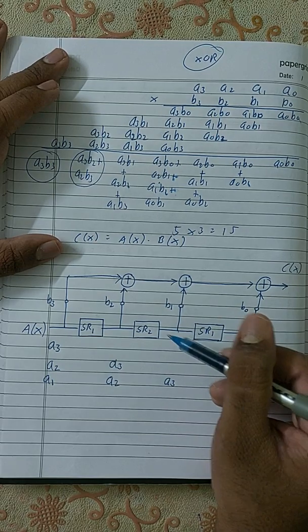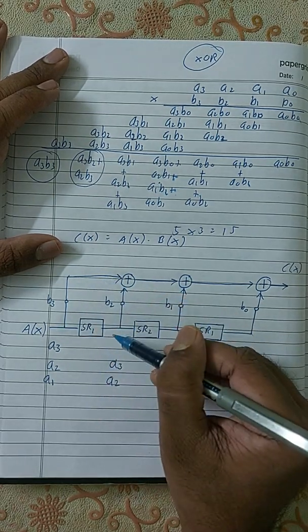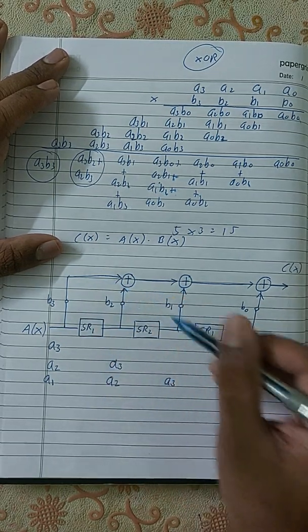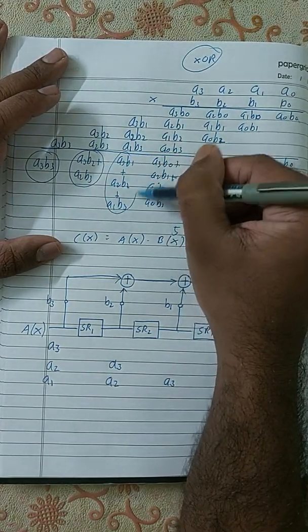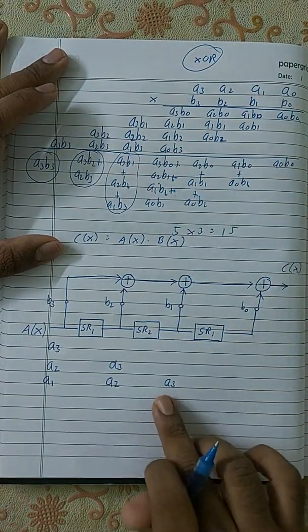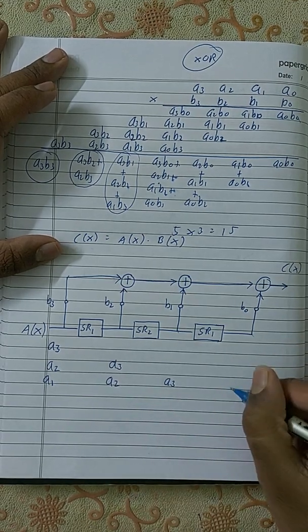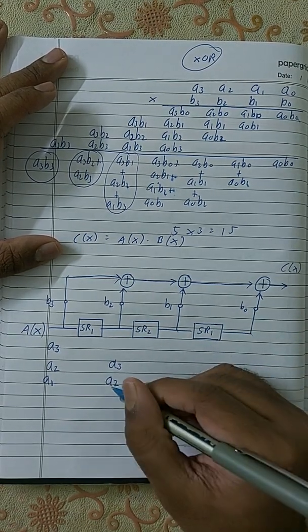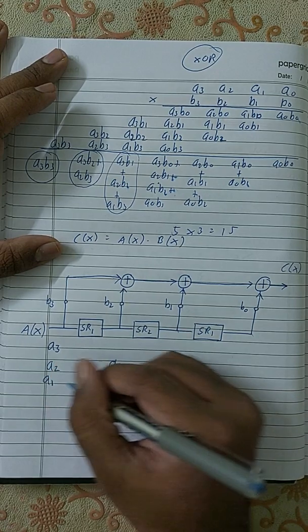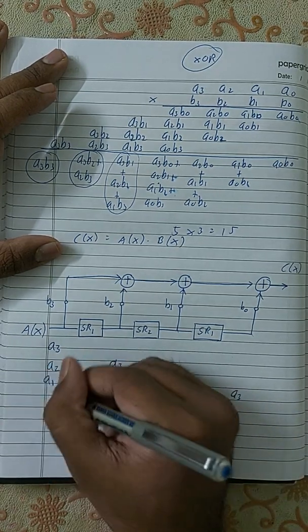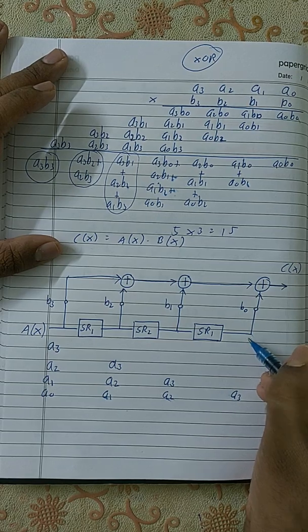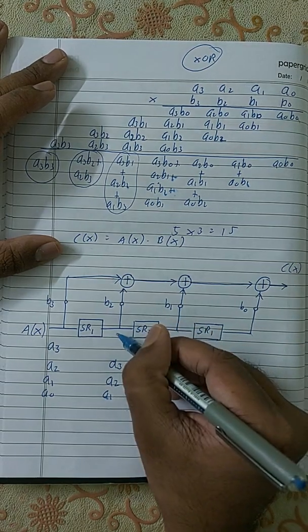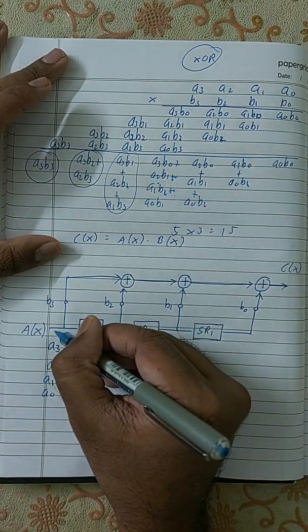You will get the output A1 B3 plus A2 B2 plus A3 B1, which is nothing but this coefficient. Then again A3 will be shifted over here, A2 will be shifted over here, A1 will be shifted over here, and the next value shifted in will become A0. That means here the value becomes A3, here A2, here A1, and here A0.